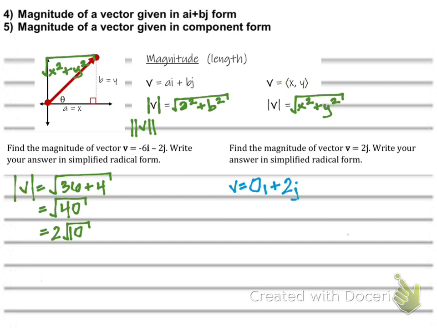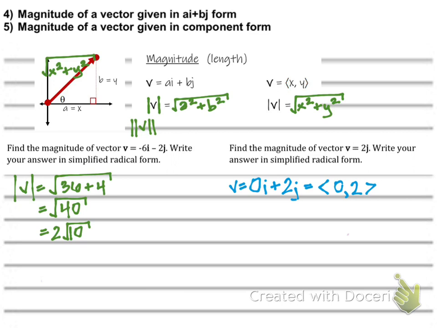Now, we, of course, wouldn't write that because why bother, way too many pen strokes. But I just want to be sure you understand what that means. That means that vector doesn't travel horizontally at all. It just goes up 2 units. And it would be the same thing as, in component form, 0, 2, right? Make sense?